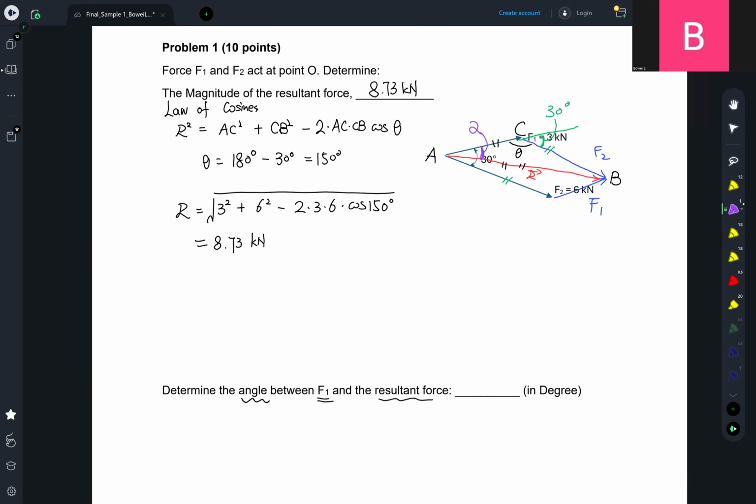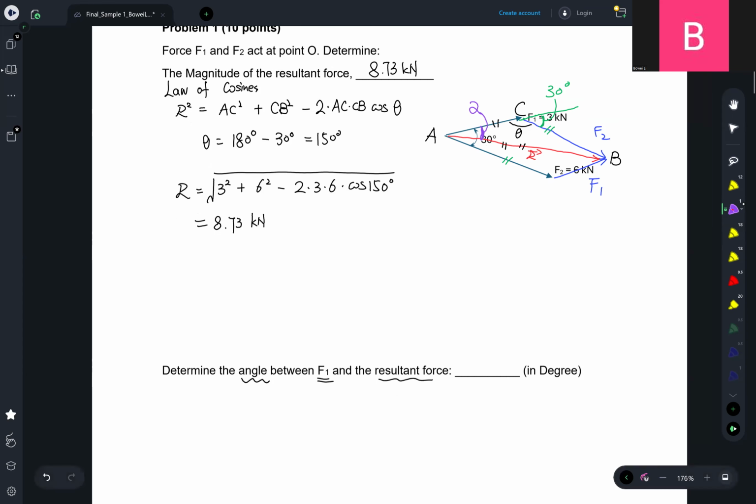How can we approach alpha? Typically, what do we use to find an angle? Rarely we use the law of cosines, but typically we use the law of sines. The law of sines says the ratio between the length of a side and the sine of its opposite angle is the same for all three sides.